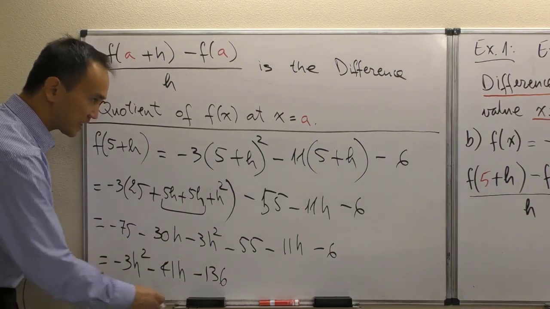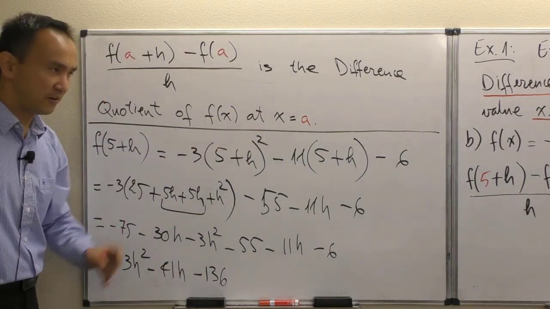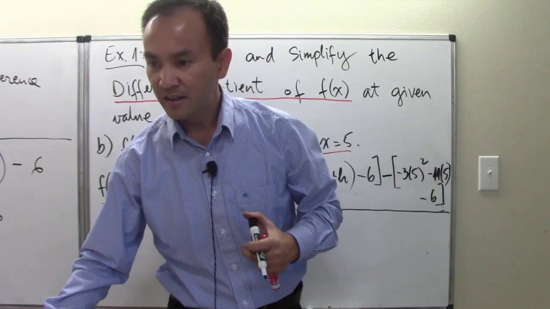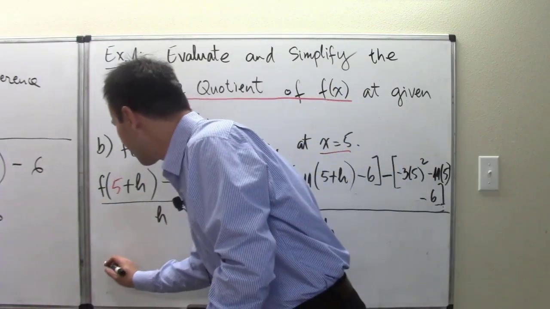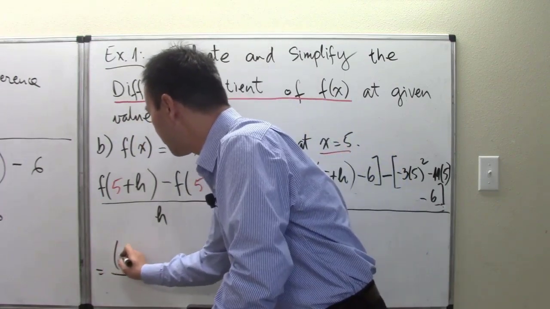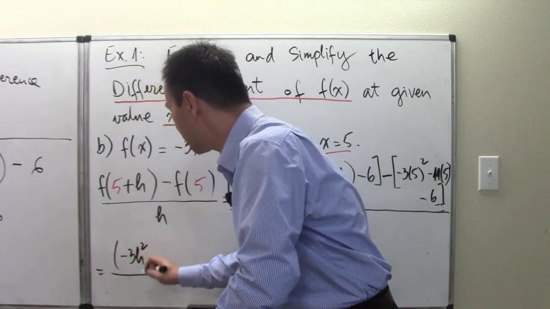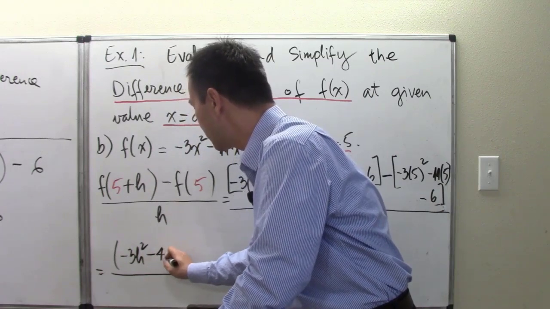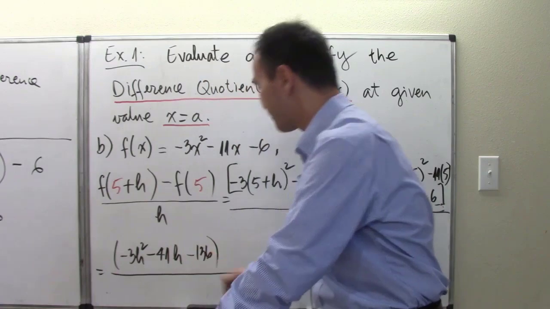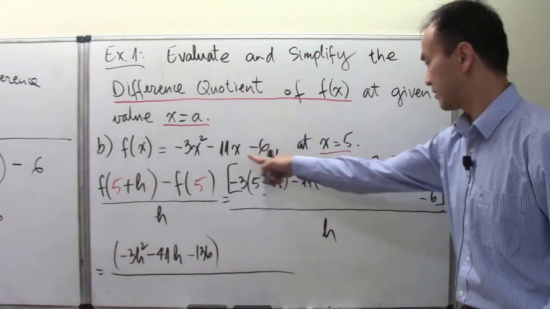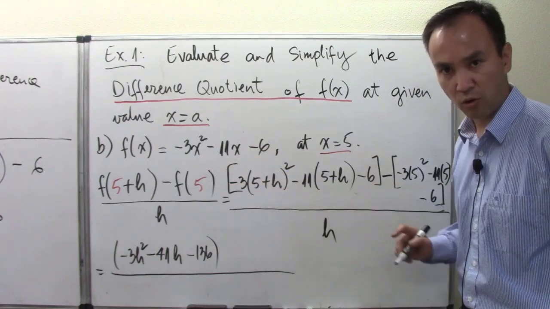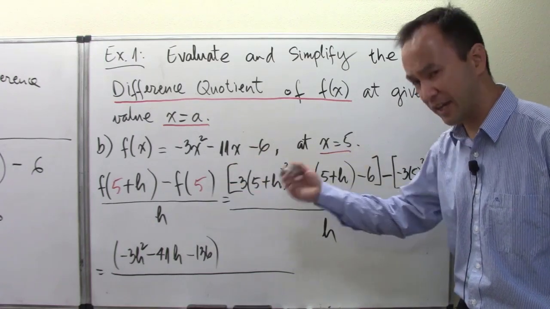I'm going to bring this as a whole group into my formal work. So here I can write this as all that, minus 3h squared minus 41h minus 136. That group represents the whole simplification work of foiling out and the distributive law.